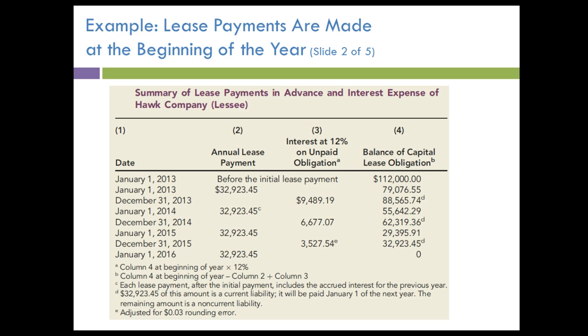Make sure you see here the initial lease payment gets subtracted from the lease obligation. That remaining balance, then the interest is calculated at 12% on that balance to come up with the interest that gets added to that lease obligation. And again, the lease payment for January 1st is subtracted from that lease obligation, and the interest for the December 31st, 2014 is going to be determined based on the loan balance of the obligation of $55,642.29.